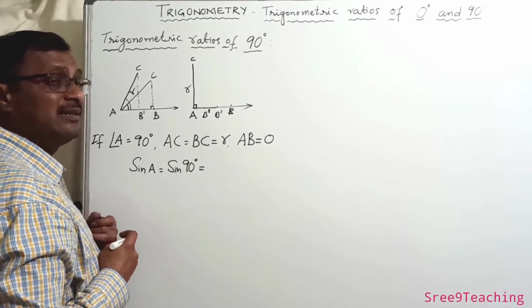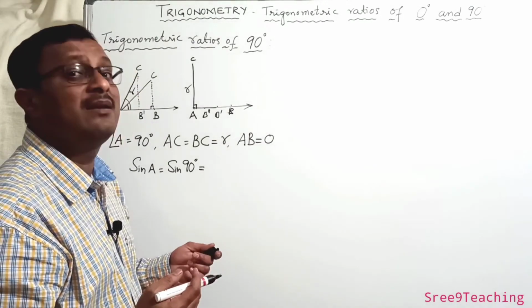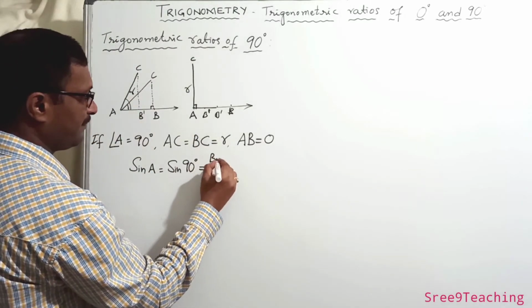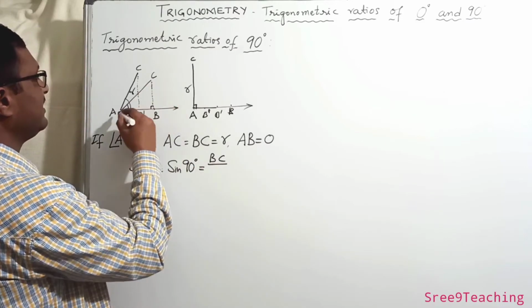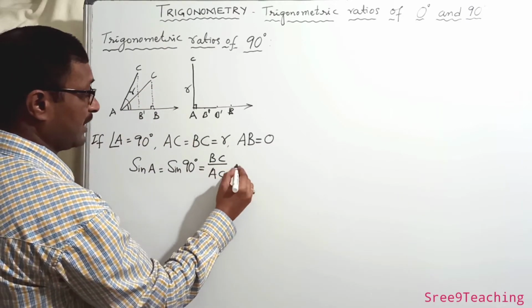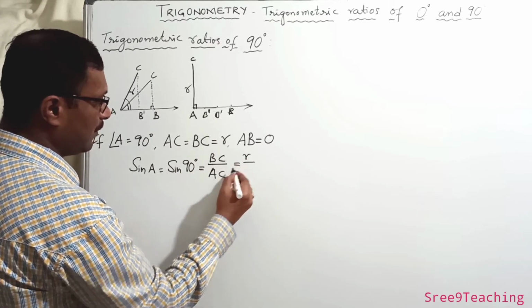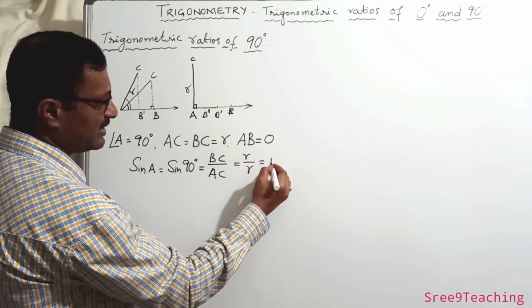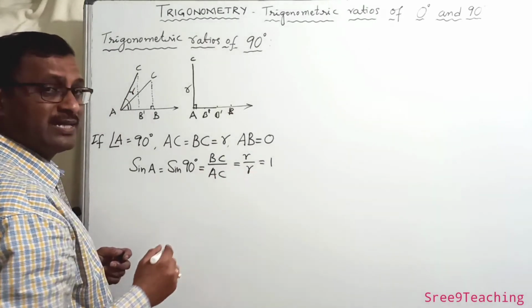Now sin theta is equal to opposite side by hypotenuse. What is opposite? BC, by hypotenuse, which is AC. Now when it is 90 degrees, what is BC? It is R. What is AC? AC also R. So R gets cancelled, its value is 1. So hence sin 90 degrees we got as 1.